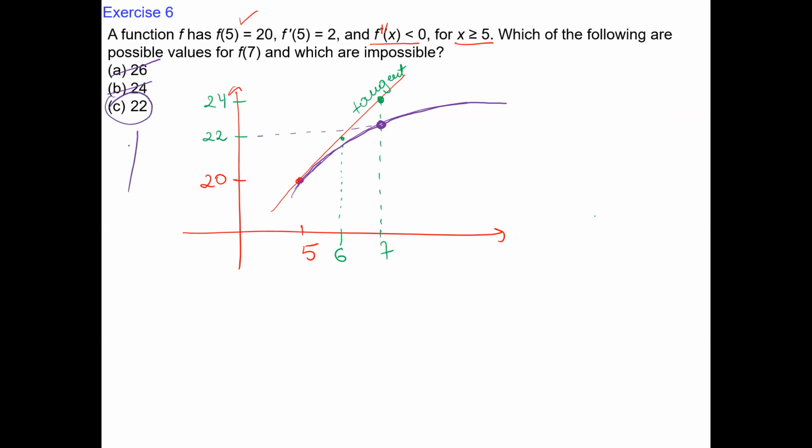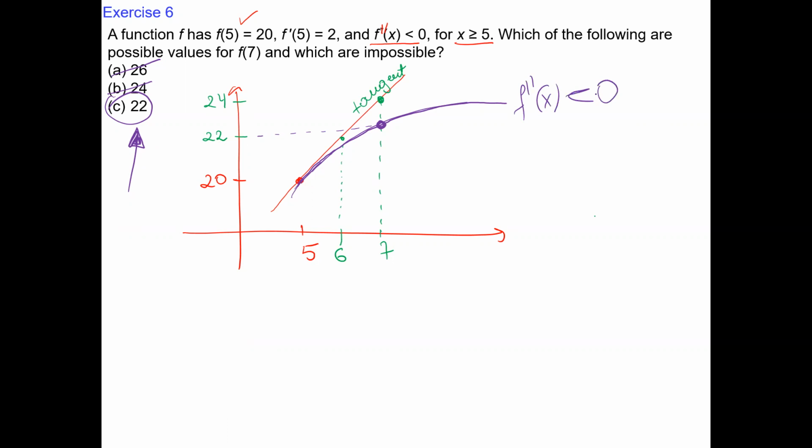So this will be the possible option listed here. Okay, I hope we understand this. I drew concave down because the second derivative is negative. That's how we get this concavity.